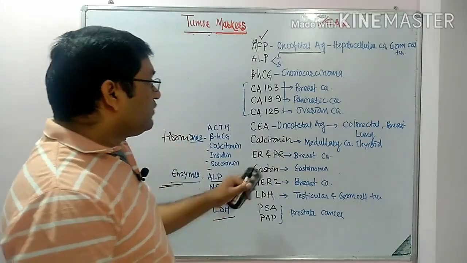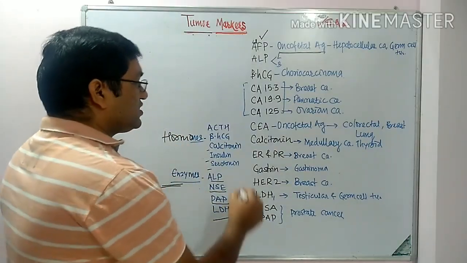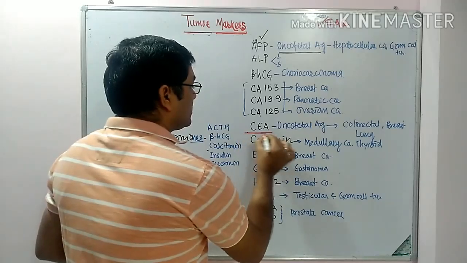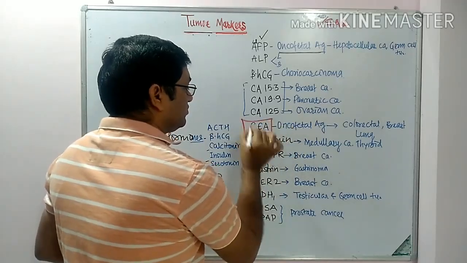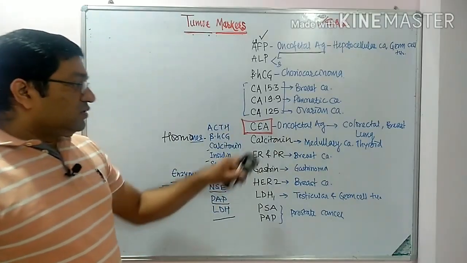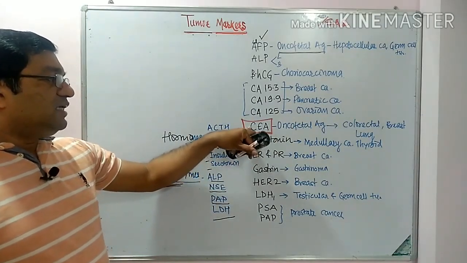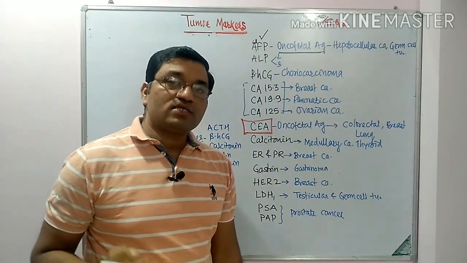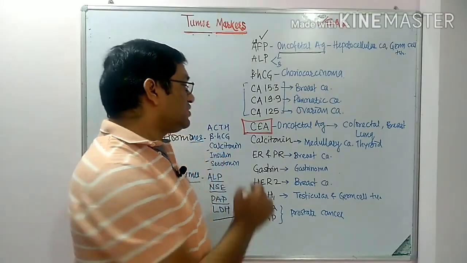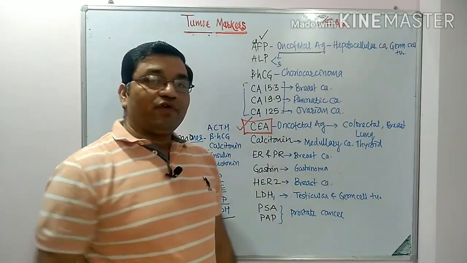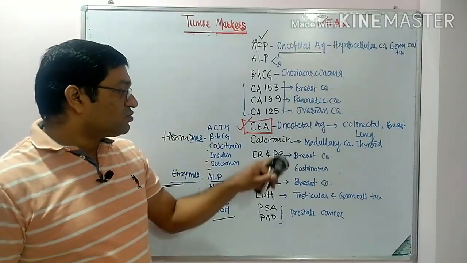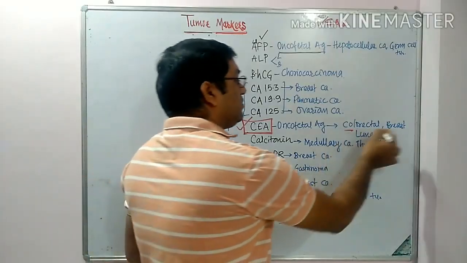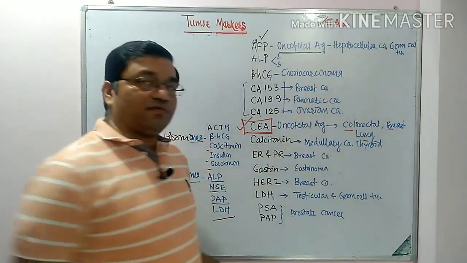Okay, the second oncofetal antigen is carcinoembryonic antigen. This antigen is useful in the diagnosis of colon cancer, lung cancer and breast cancer. It increases in various cancers. Of these, the most common are colorectal, breast and lung cancer.